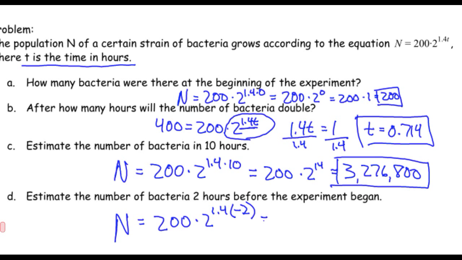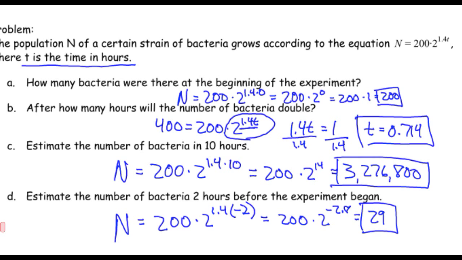So what I get there is 200 times 2 to the 1.4 times -2, which is -2.8. And if I punch 2 to the -2.8 into my calculator here, we would see that 2 hours before the experiment began, we had 28.7, so I'll round it up to 29. Only 29 bacteria before the experiment began.